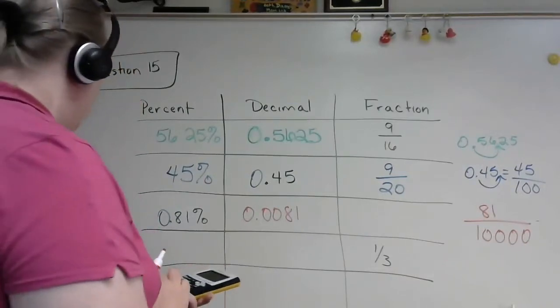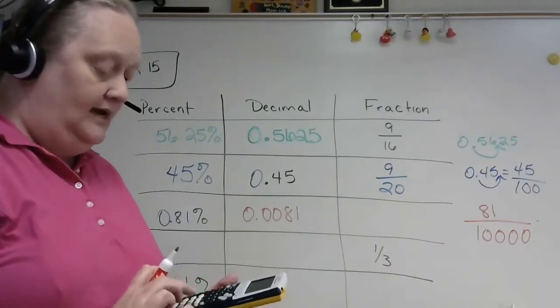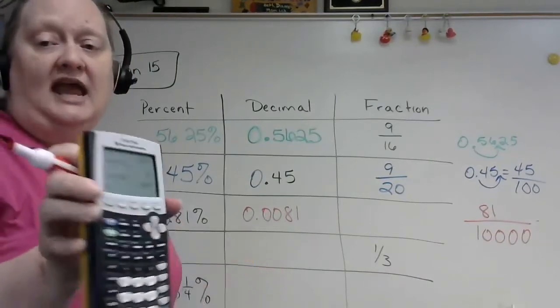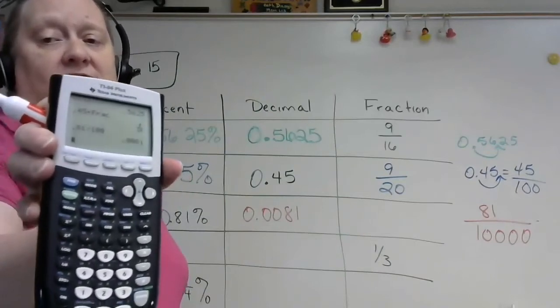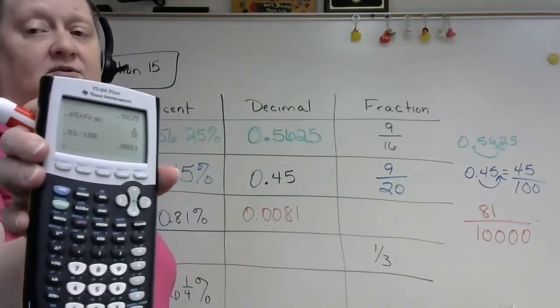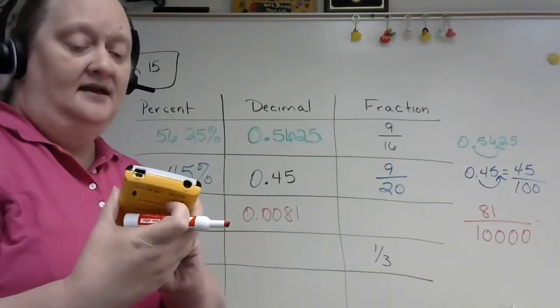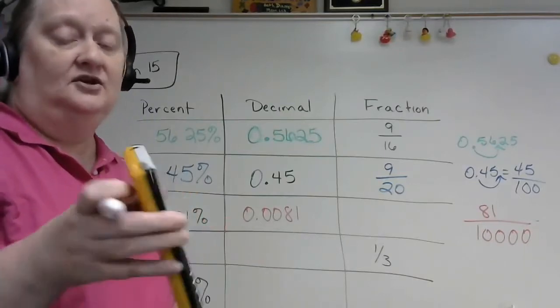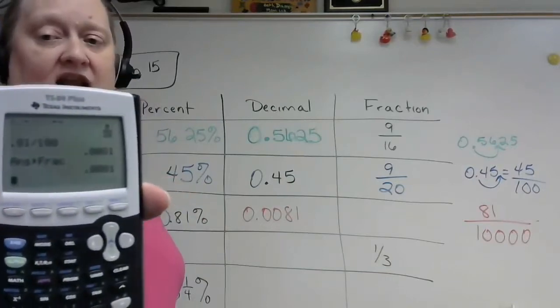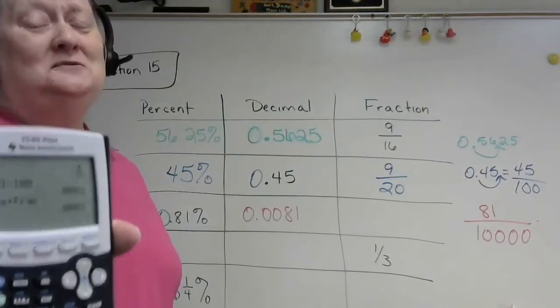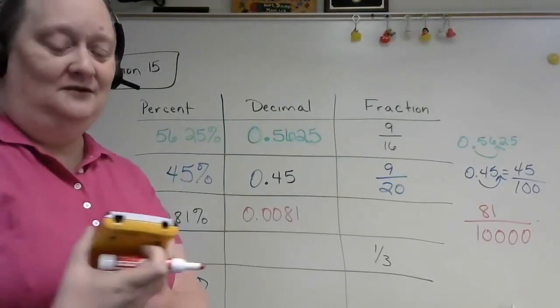So what I would do is take that 0.81 and divide it by 100 to double check that I have the right number of zeros and that I've converted that to a decimal correctly. Then I'm going to hit math, fraction, and enter, and double check. Notice it doesn't help because this number is so small that it won't give us a reduced one.